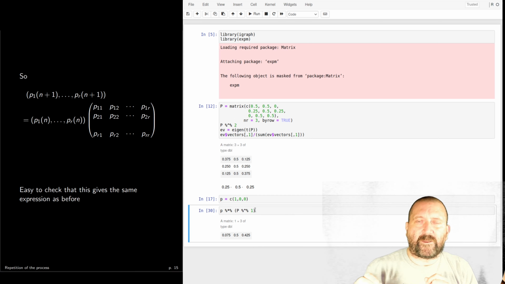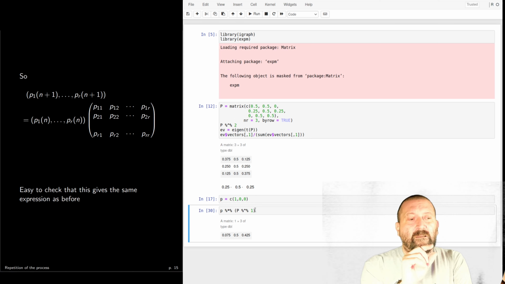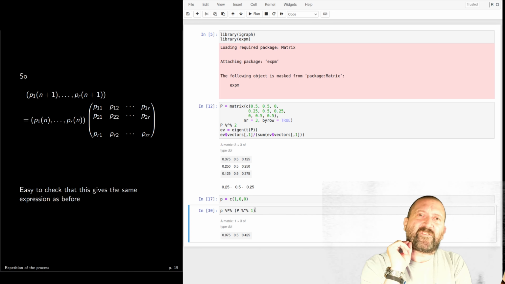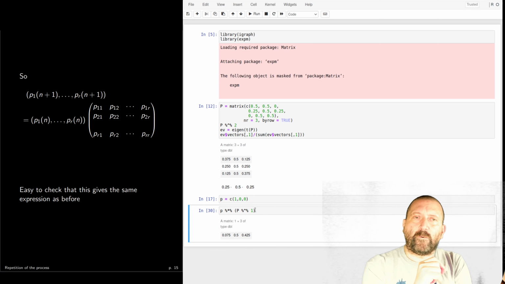If I am just considering one experiment and picking one individual each time, this vector gives me the probability that this individual will be in one of those three states.